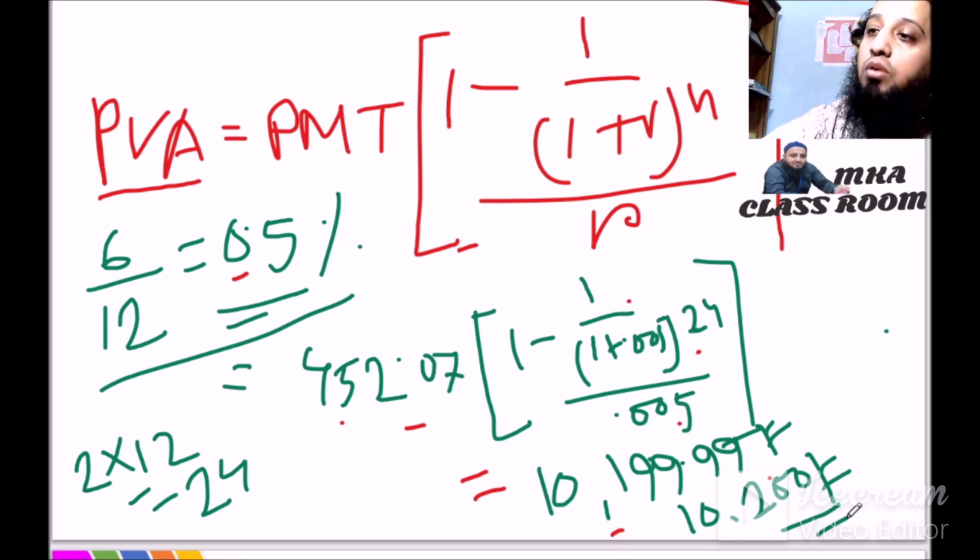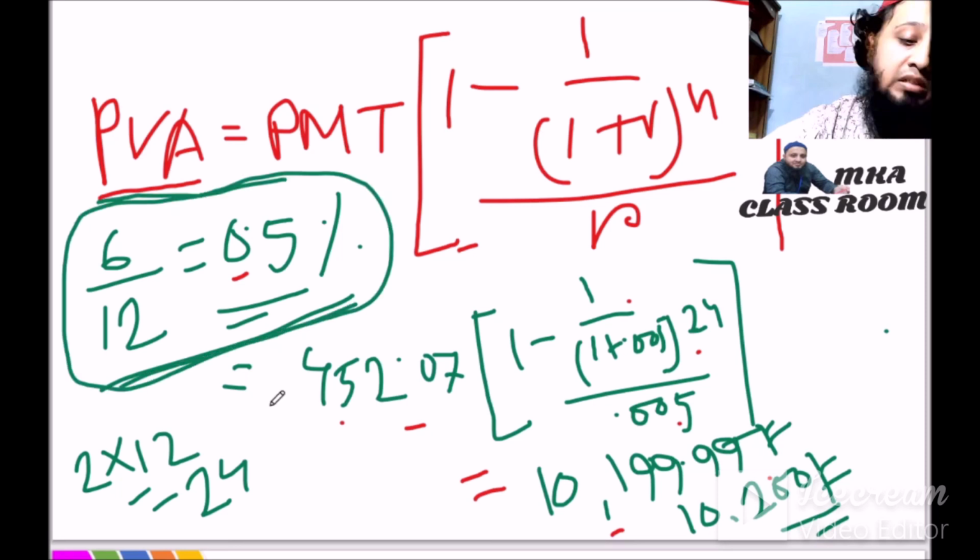Remember that here the payment is monthly, so you have to calculate interest monthly. Here the interest is given yearly, 6%. Interest is always stated per year, but your payment is per month, so you have to calculate interest per month. We have 2 years remaining, which means 24 months.